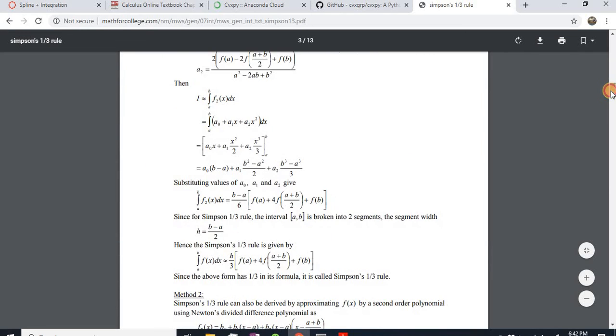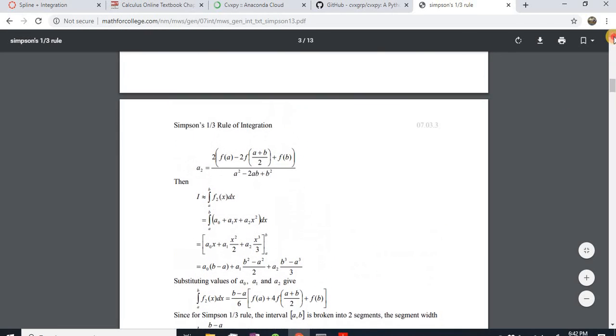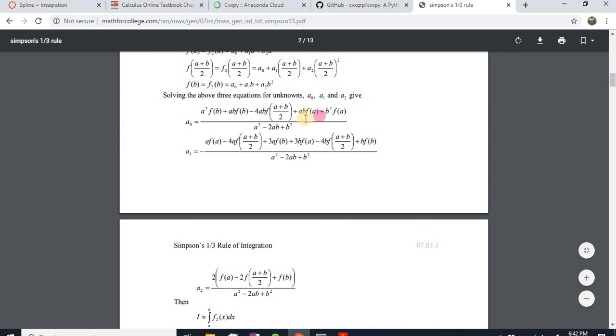You can see he's got a quadratic here, and he's going to fit this. These A's here are the quadratic fit. So you see it's quite complicated if you do it out this way.